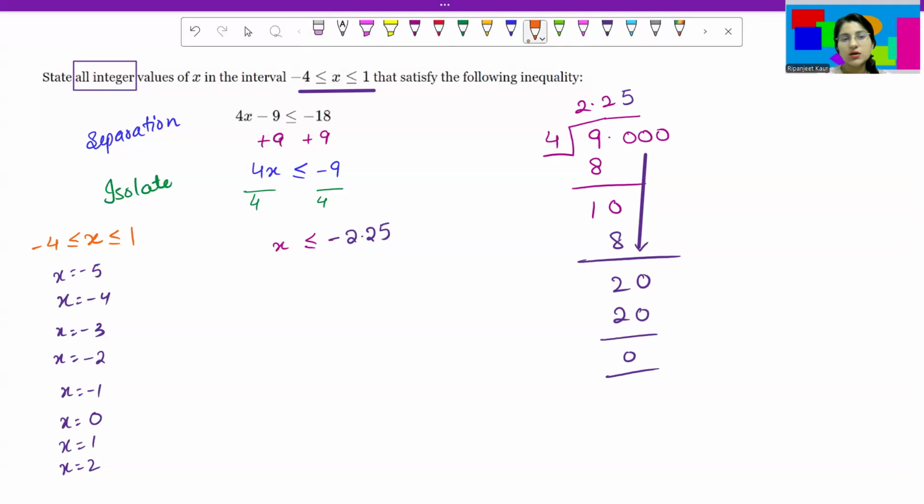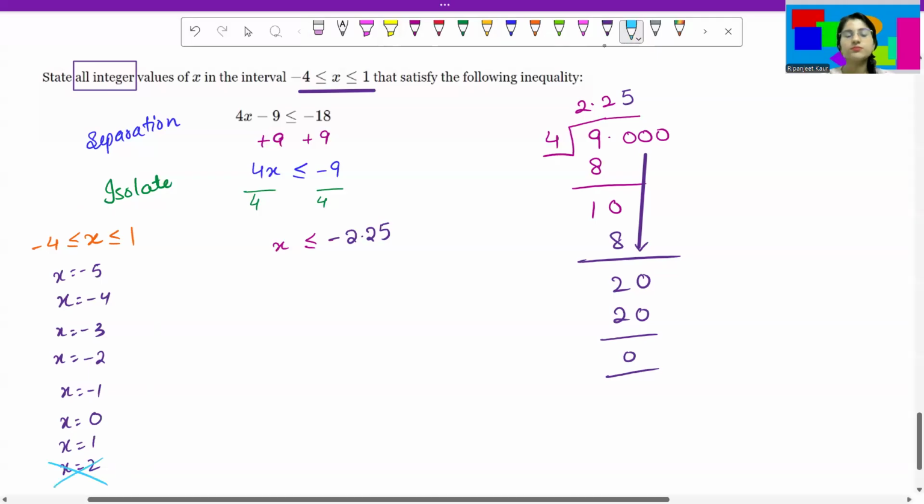So what do you think? Are all of these numbers satisfying this inequality? Which ones are not satisfying the inequality? 2. Why not 2? Because it's not less than or equal to 1.